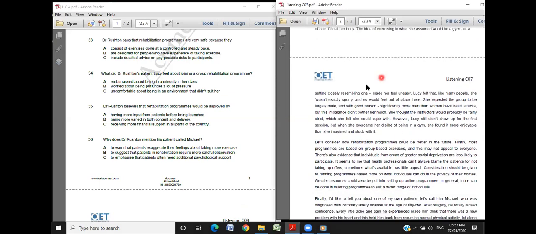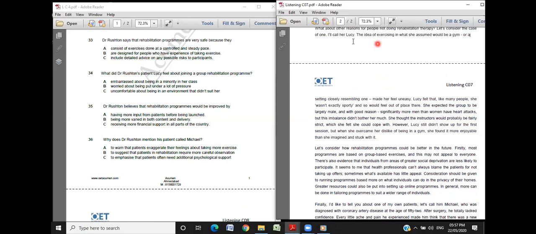So here it says the idea of exercising, what she assumed would be a gym, or a setting closely resembling one, made her feel uneasy. So what was she uneasy about?